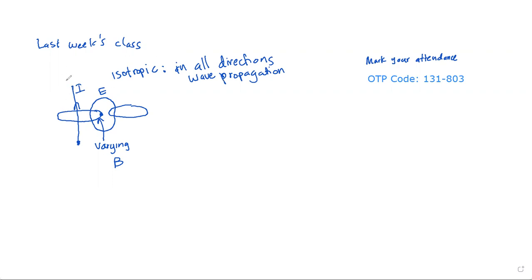By keeping the thumb along the current direction, I can find the direction of the magnetic field along the fingers of the hand. So the direction of the magnetic field will be like this.